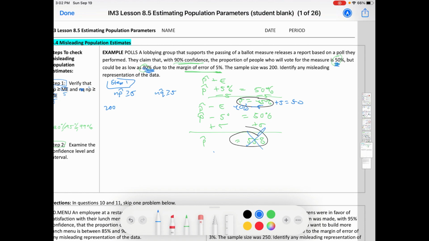So p hat is, let's make this clear, p hat is 45. Well, if p hat is 45, that means q hat has to be 55, because they're complements to 1. So let's just check their conditions.